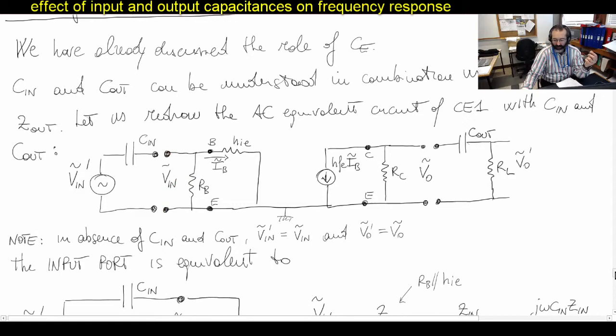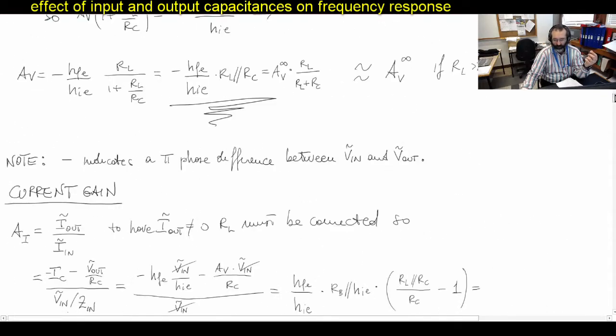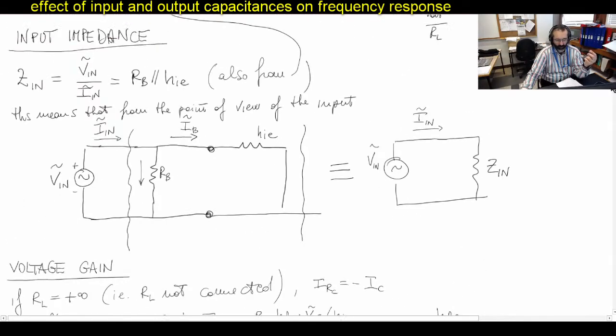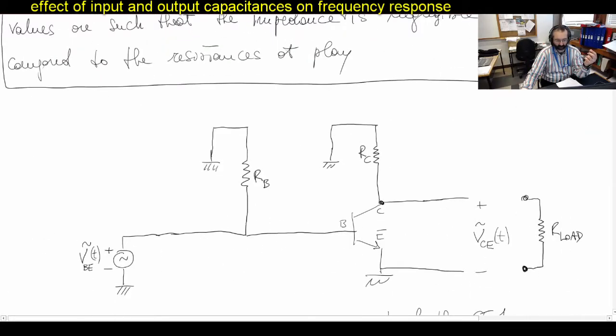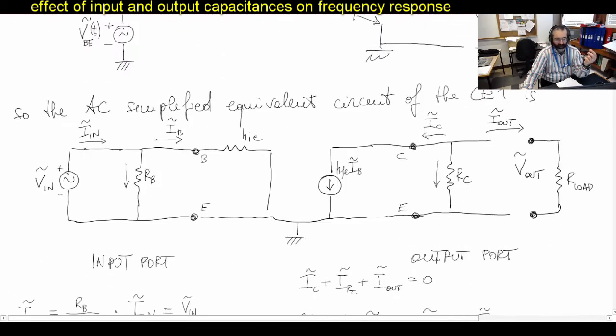We can go back to the circuit we were looking at today when we were analyzing C1 in AC, which was this one here. As you can see, just before RB is what we used to call V in tilde. While V out is what we used to call just after RC.